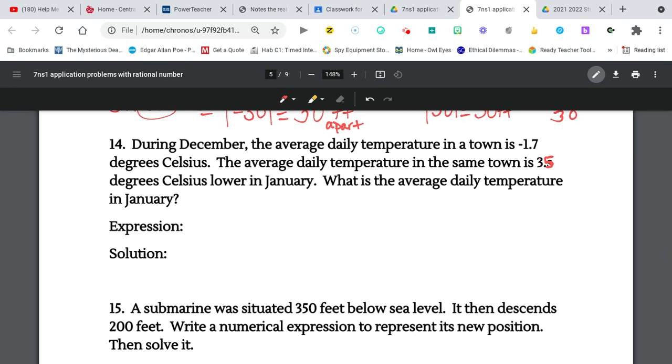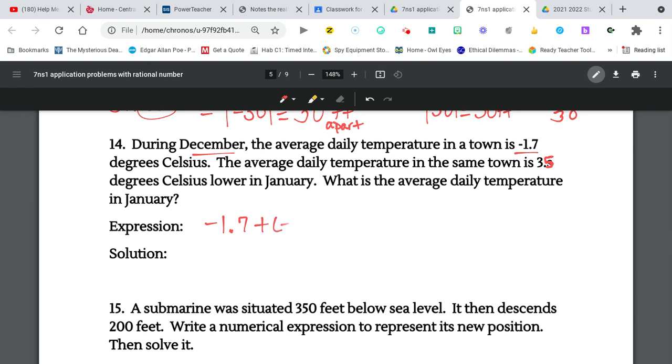So we know that normally it's -1.7, okay? But that was in December. In January, it's 3.5 degrees lower than this, okay? So how do I figure out what's 3.5 degrees lower than negative 1.7?